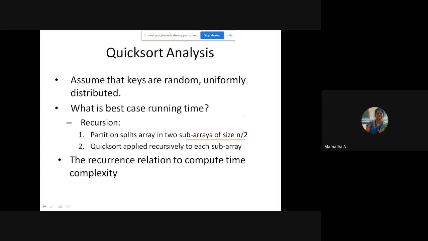The recurrence relation can now be stated as C best of n equals 2 times C best of n by 2, because I have two halves to be solved, each of size n by 2, plus n. Why do I require this n? Plus n is required to do my partitioning process. I'll first partition, so n comparisons I will make.